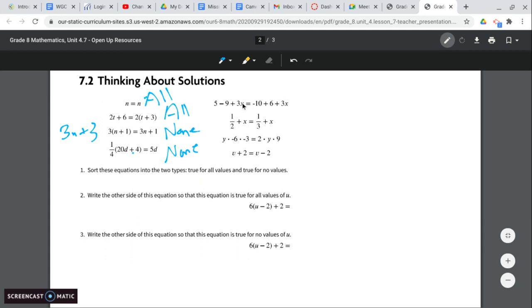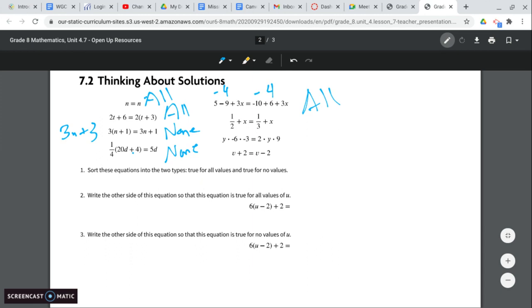So we've got the 3x's the same, which we need to either be all or none. So what we need to do is simplify. So 5 minus 9 is going to give us a negative 4, and negative 10 plus 6 is going to give us a negative 4. So this is all, because they're the same on both sides.